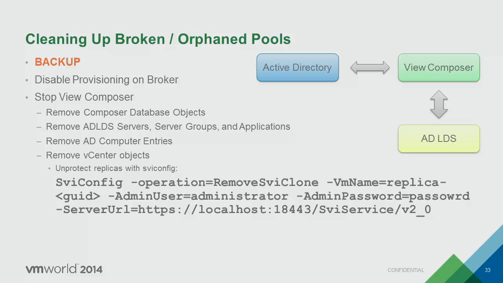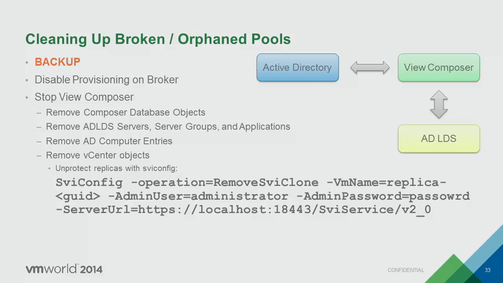So if things go wrong, right, we have a lot of virtual machines that are broken, missing, orphaned, zombied, whatever it may be, and we need to go clean up the environment. What do we have to remove? Well, we need to remove the Composer database objects. First, we need to stop provisioning, though. We need to stop provisioning, keep any more data from being written to those databases.